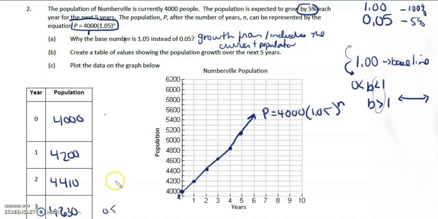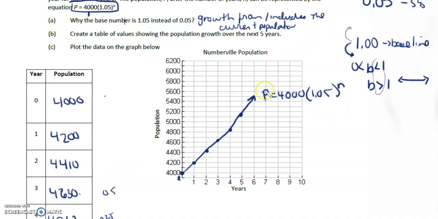Okay, we also have D and E. So D asks us to use our graph to estimate the population at year 8. If we follow the graph up, and everybody might get a different answer, it's approximately 6125.